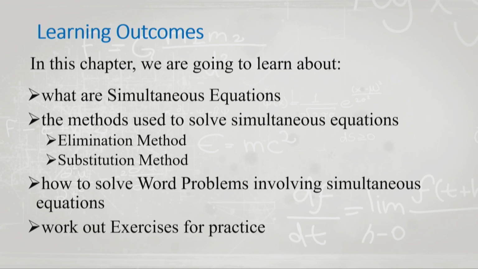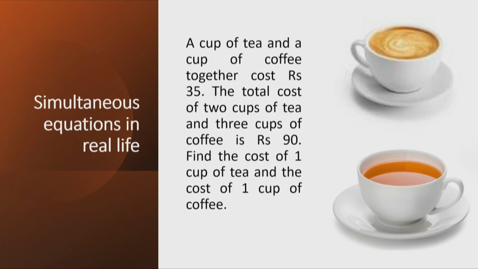So let us start. Let us have a look at simultaneous equations in our real life. Suppose you're given this problem. A cup of tea and a cup of coffee together costs 35 rupees. The total cost of 2 cups of tea and 3 cups of coffee is 90 rupees.